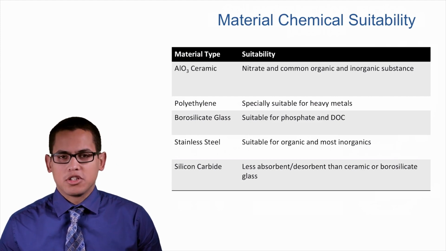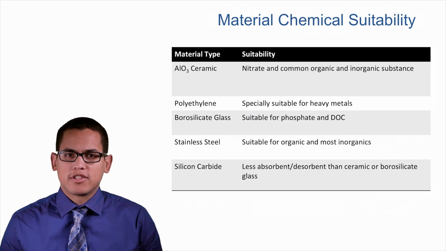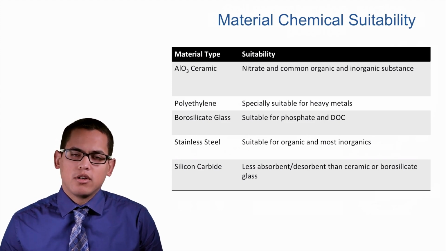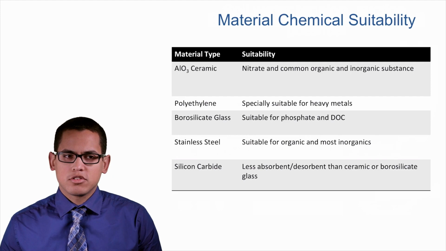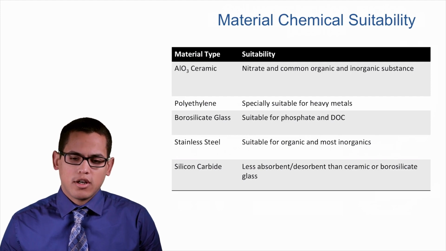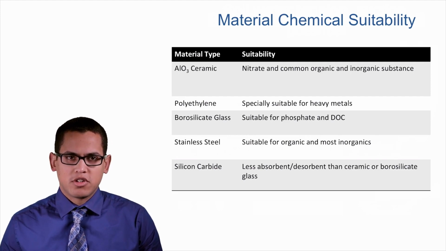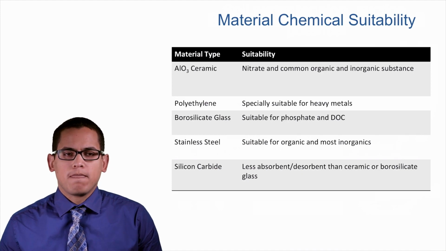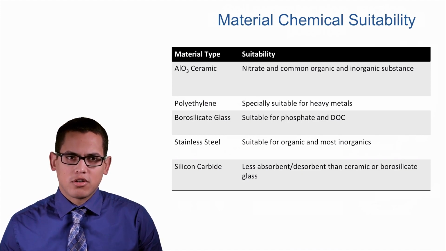Of all the materials, it probably has the broadest range of chemical suitability. There's still some more work that needs to go into its suitability with heavy metals and a few other compounds, but by far the silicon carbide has the broadest range of chemical suitability.